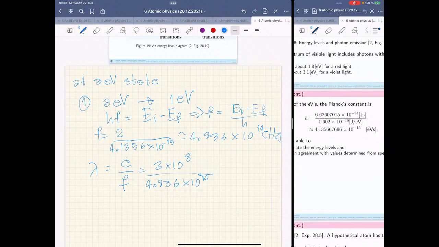You will get 6.2 times 10 to negative 7 meter. In terms of nanometer, it's going to be 620.35 nanometer.